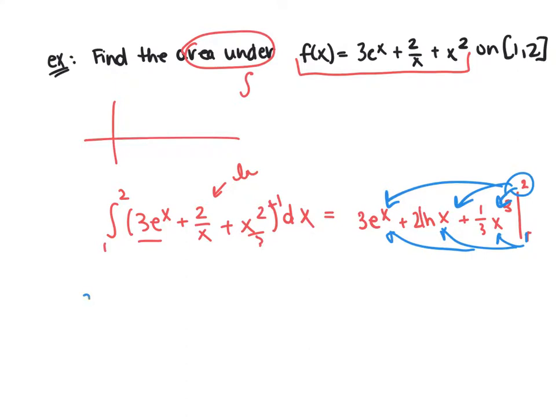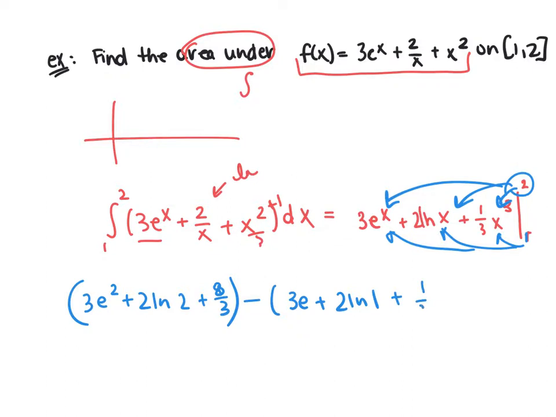So when I plug in 2, I get 3e squared plus 2 natural log of 2 plus 1/3 x, or 2 to the 3rd is 8, so actually I'm going to make that 8/3. So all of this, and then I'm going to subtract off 3e to the 1st power plus 2 natural log of 1 plus 1/3.